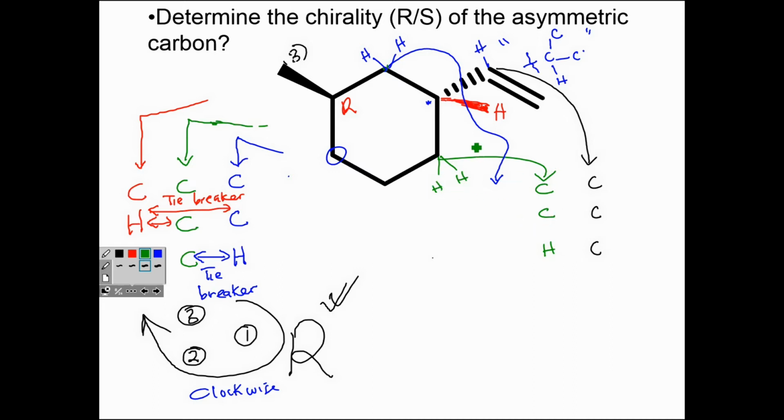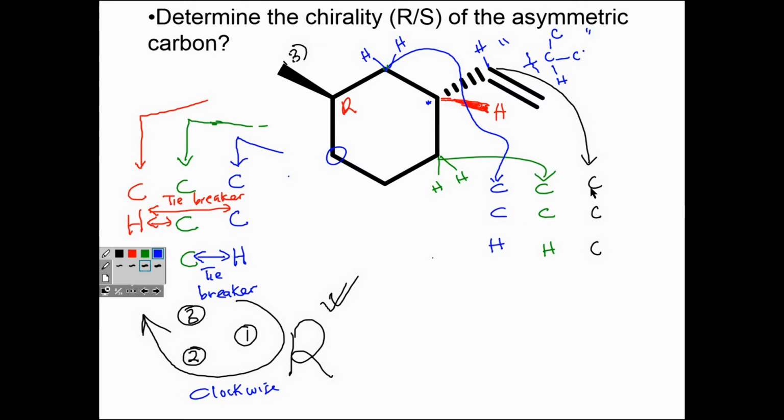Okay, we want to find number 3. And then here in blue you have a carbon that's bonded to a carbon. Here you have a carbon that's bonded to a carbon and another hydrogen.